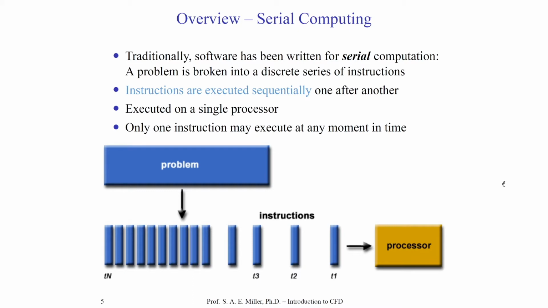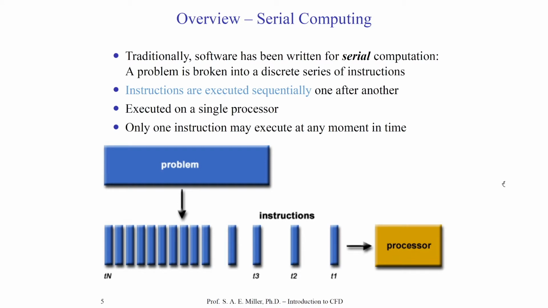This is exactly how you've learned to program, of course, in many of your college courses, and how we teach it generally in our department. We don't usually consider parallel programming. Now, our instructions are indeed executed in a sequential order, one after another. This is the idea, that we take the problem, break it apart, and execute each part sequentially.